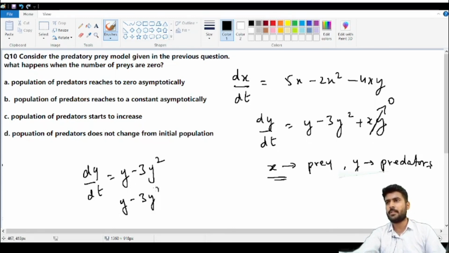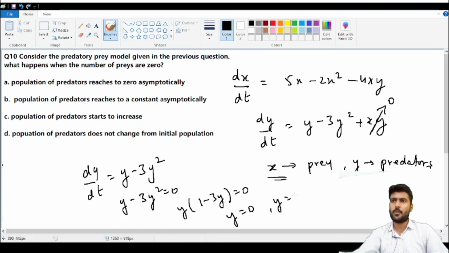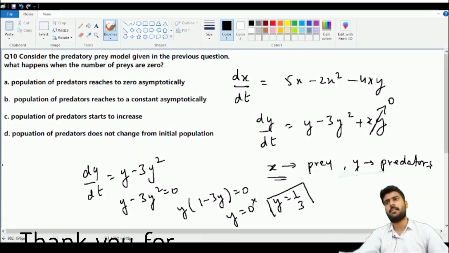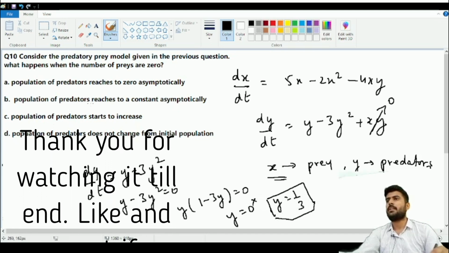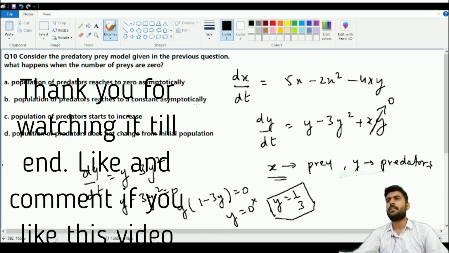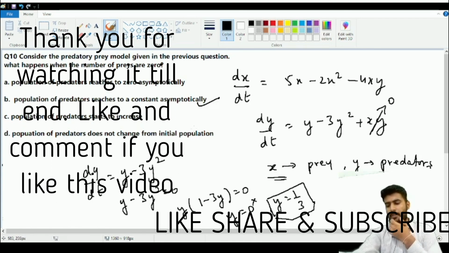So y minus 3y square equal to 0. Taking y common, 1 minus 3y is equal to 0, so we get y is equal to 0 and y is equal to 1 by 3. The y equal to 0 solution is rejected and y equal to 1 by 3 is the solution that we get. So we can say that the population of predators reaches a constant asymptotically. Option B will be the correct answer.